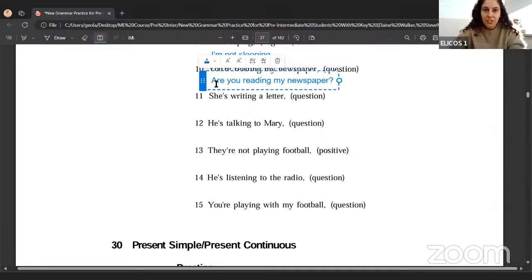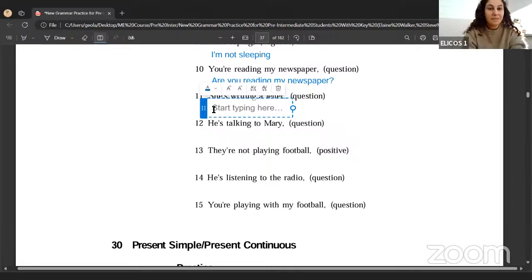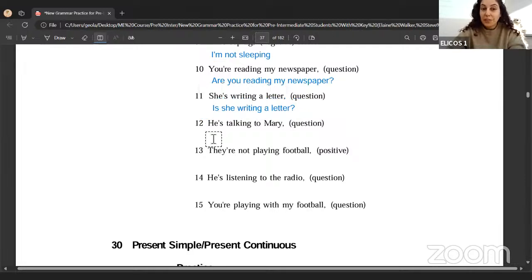So question 11, she's writing a letter as a question. German. With a question mark, is she writing a letter right now? 12, he's talking to Mary.